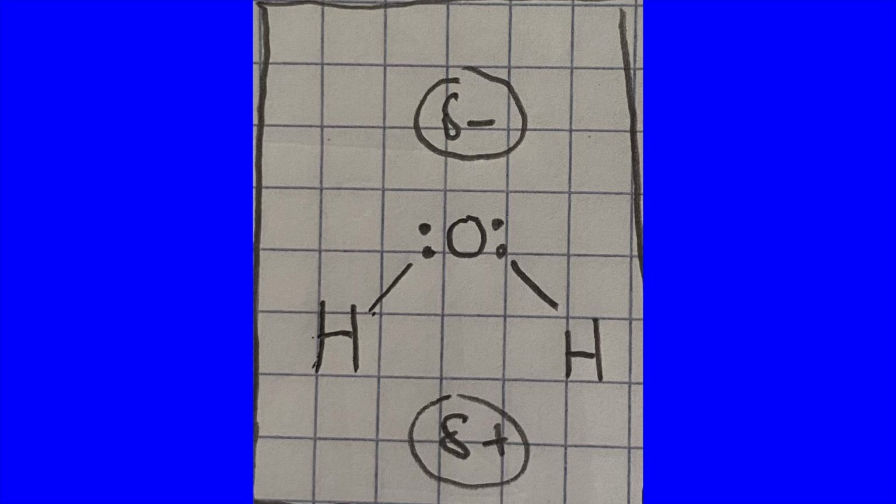So this makes the molecule overall polar because the electrons move all the way up, so it's very unequal, and hydrogen is more slightly positive toward the bottom.